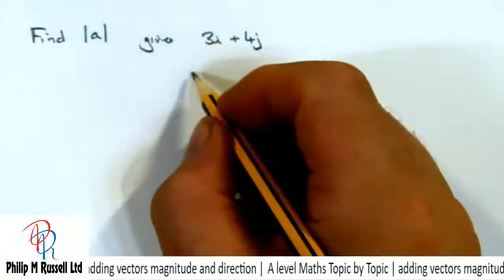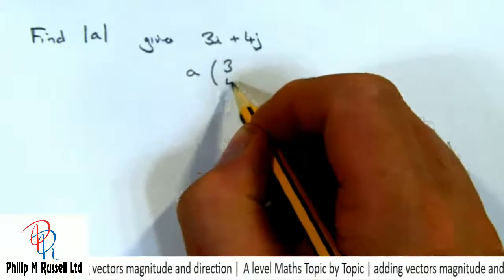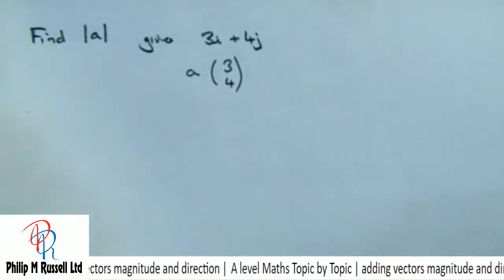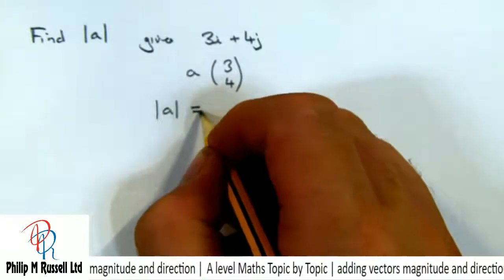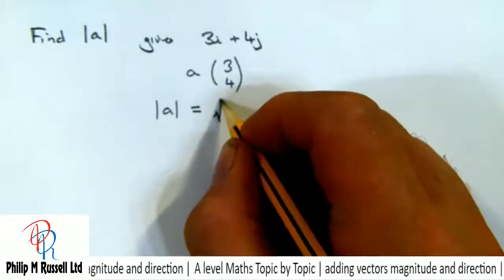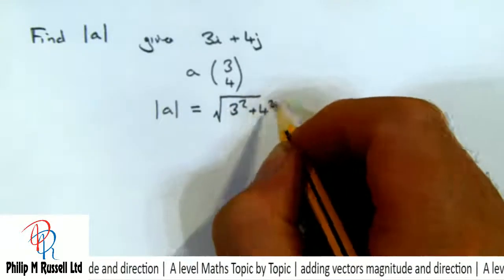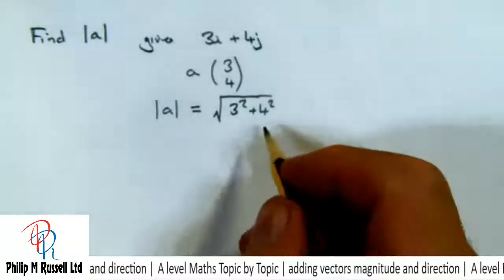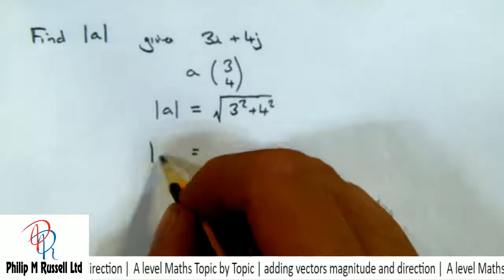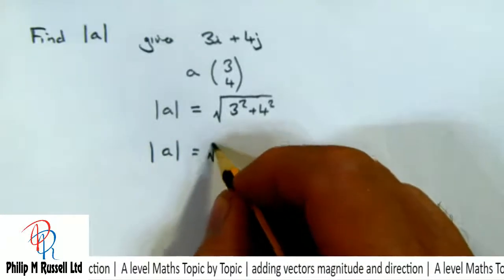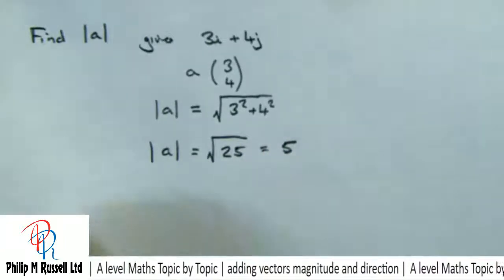So we know that A is simply 3 over 4. You'll see why I chose these in a minute. It's going to be the square root of 3 squared plus 4 squared, and I can work that out hopefully in my head and say that this is going to be the square root of 25, which is going to give me 5.